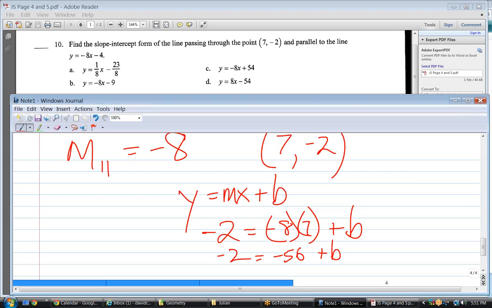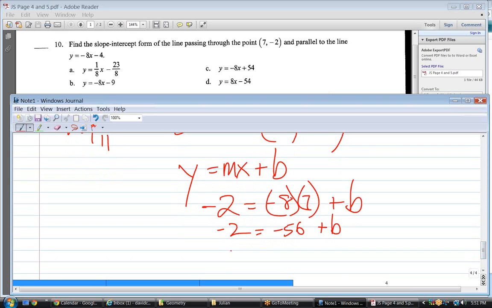Alright, so add 56 to both sides. Next line. 54 equals b. What's the answer? C. Correct.